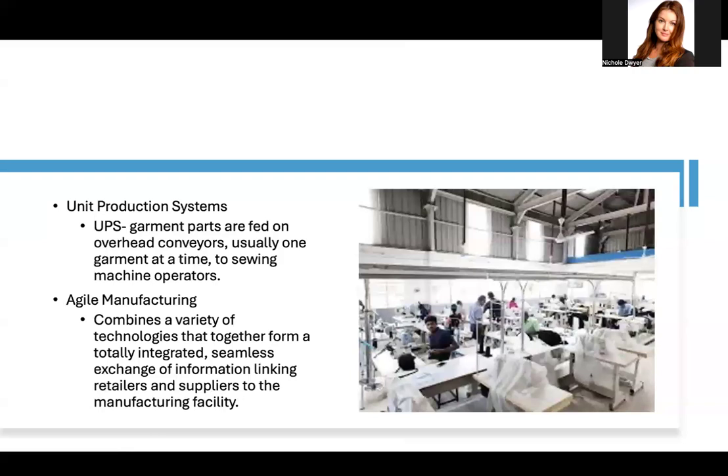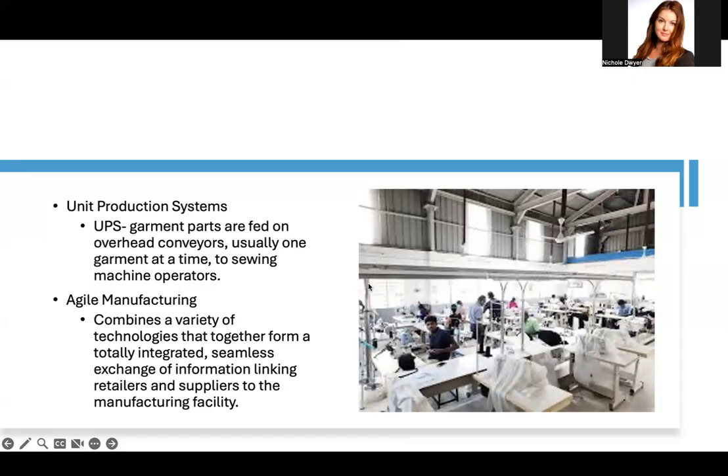When we look at unit production systems, UPS, they have parts that are fed on an overhead conveyor, and you can see that here in this image where you have your sewing operator.